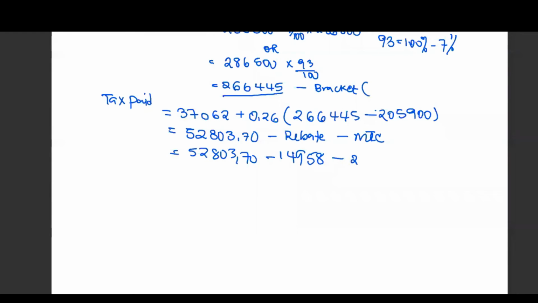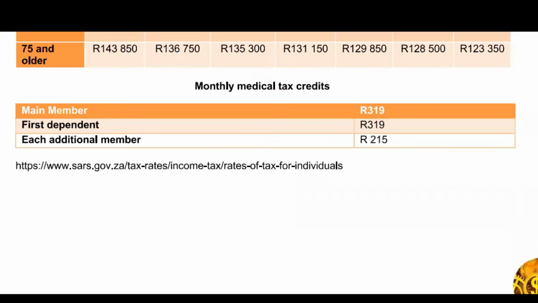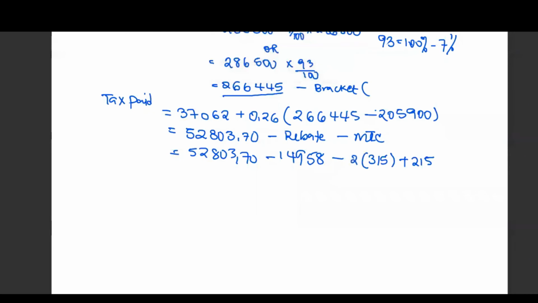So here we come and say 2 into 319 plus 215. Since there are 2 people, the main member and the first dependent, and the other dependent, everything here has to be multiplied by 2.